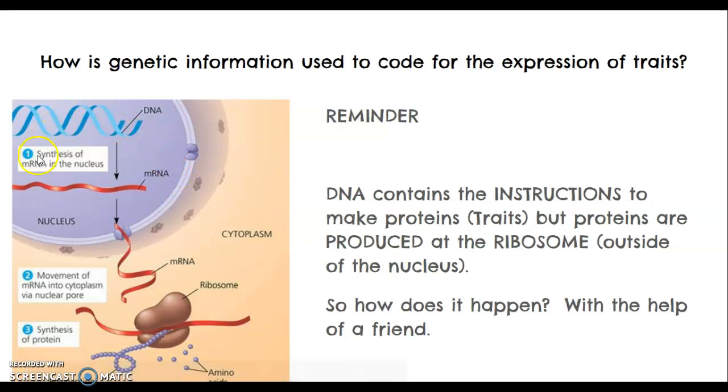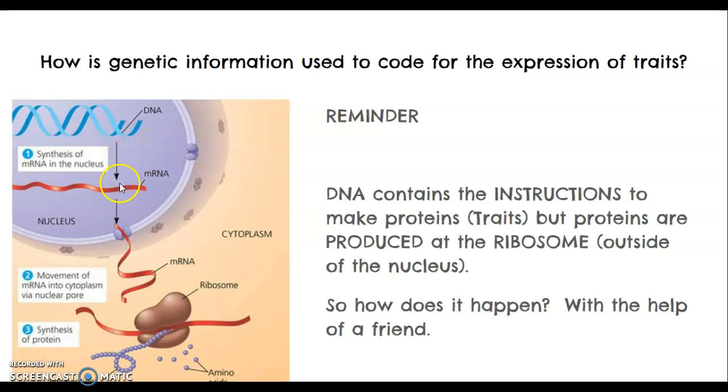So just giving you an overview of this image, you have DNA inside of the nucleus of the cell. You can see it's labeled here as the nucleus. And you're going to see the word synthesis again. It means to build, and it's going to build a copy of mRNA in the nucleus from the DNA. So that's why it's called messenger RNA.